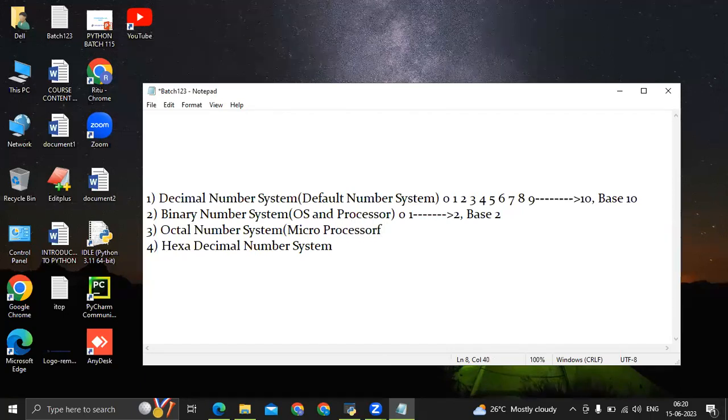It has the digits 0, 1, 2, 3, 4, 5, 6, and 7. So total digits under this are 8. So the base will be 8.